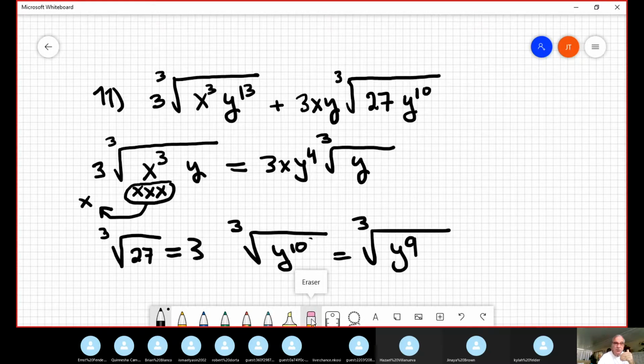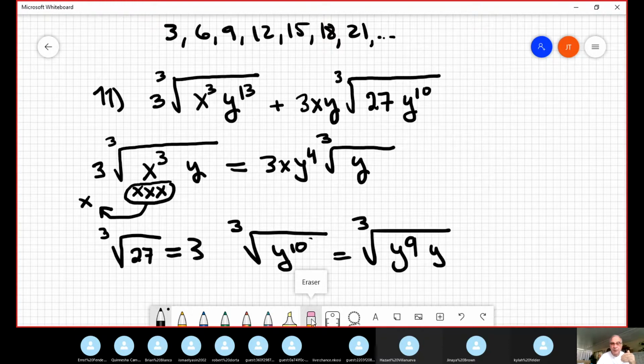So what is the multiple of 3? 3, 6, 9, 12, 15, multiple of 3, 18, 21. Entonces y cubed, where does the cube come from? 9 divided by 3, y cubed, cubic root of y.